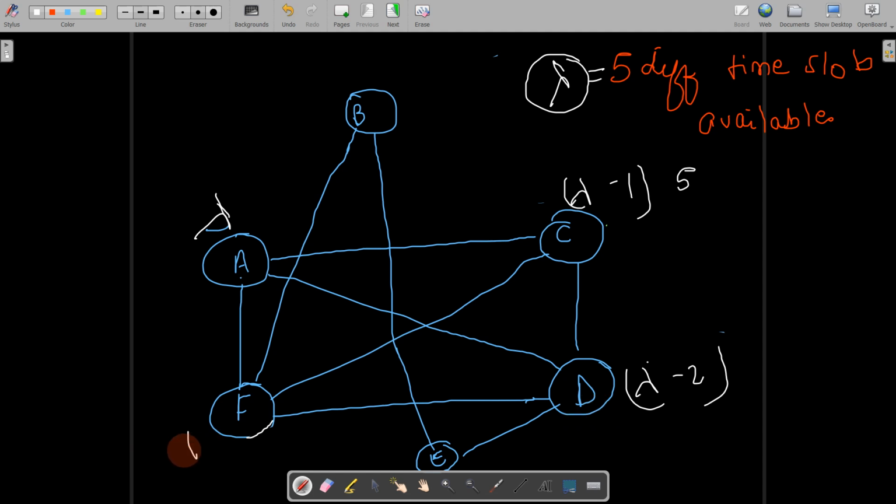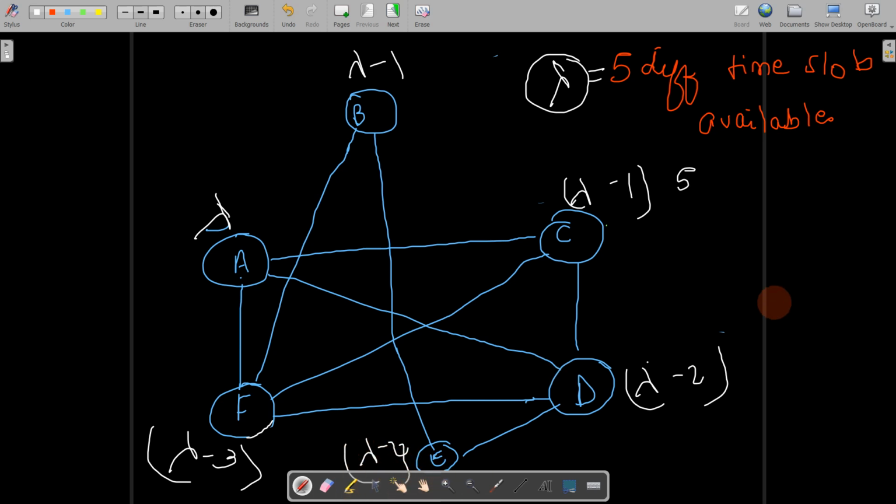So it has lambda minus 3 choices. What about B? How many choices does B have? It cannot be colored using F's color. So it has how many choices? Right? Lambda minus 1 choices. And for E, how many choices does it have? It cannot be colored same as B and D. So it has lambda minus 2 choices.